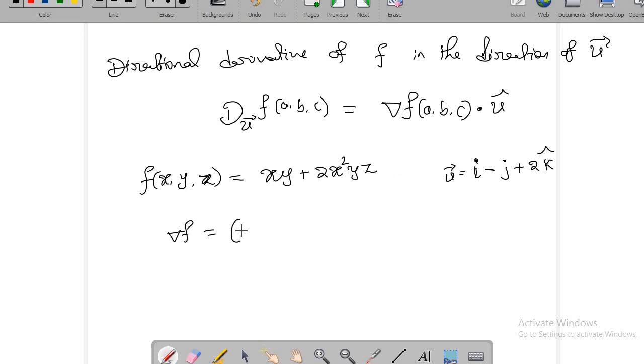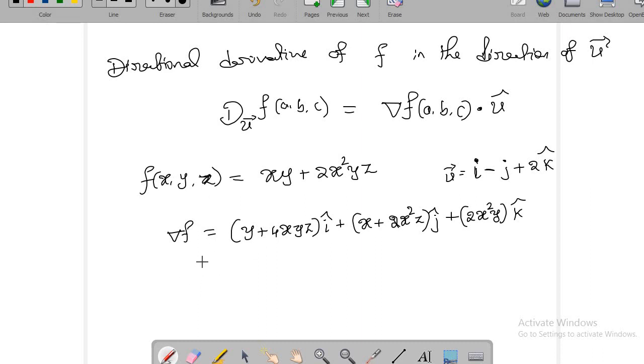Gradient of f is nothing but y plus 4xyz i, and derivative of this with respect to y, which is x plus 2x square z j, plus 2x square y into k.